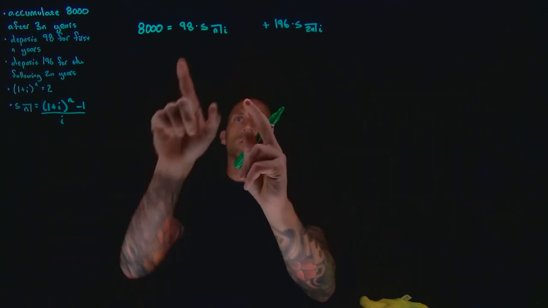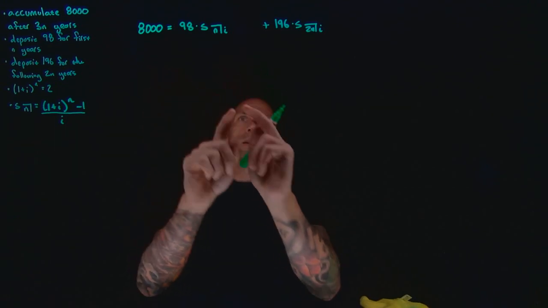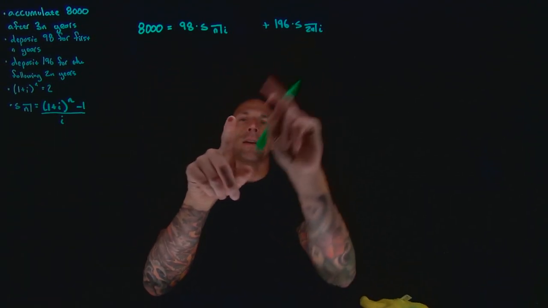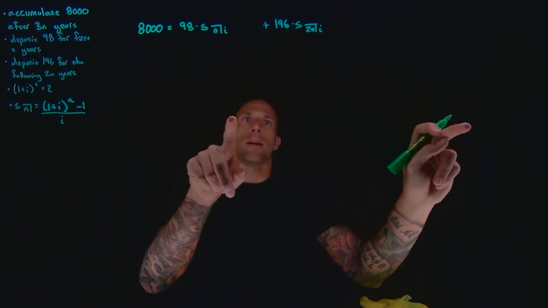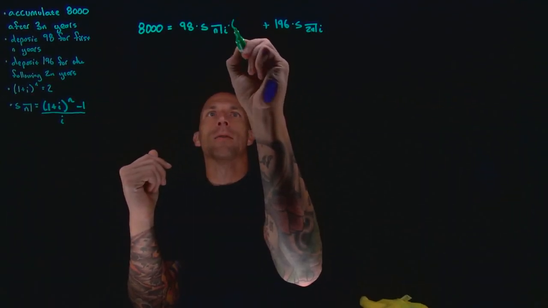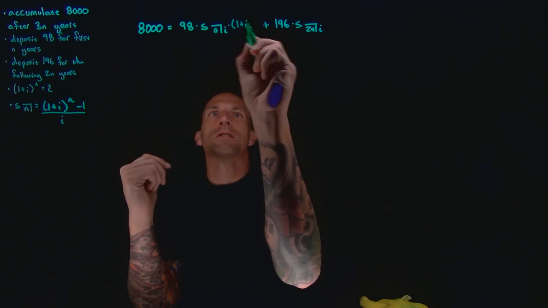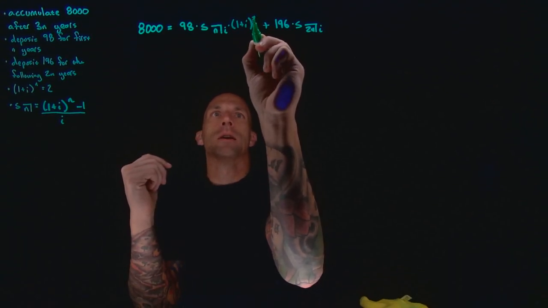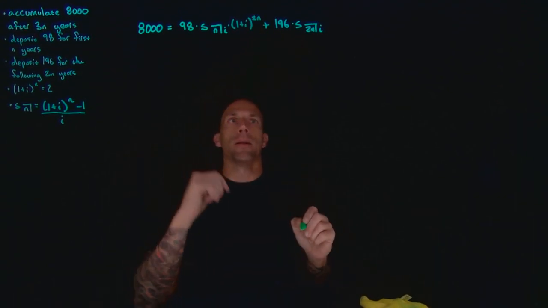So this first chunk of deposits is going to have to accumulate interest to bring it all the way to the end of our accumulation period. So I'm going to add this term here, 1 plus I raised to the 2n.